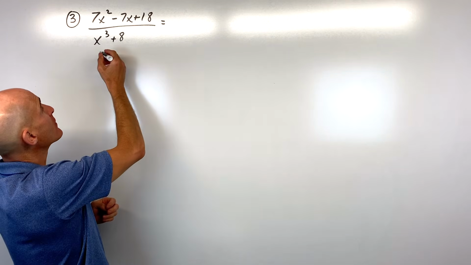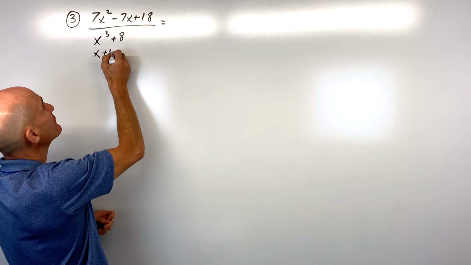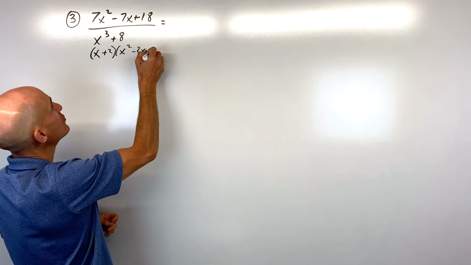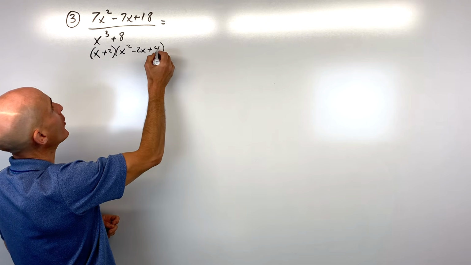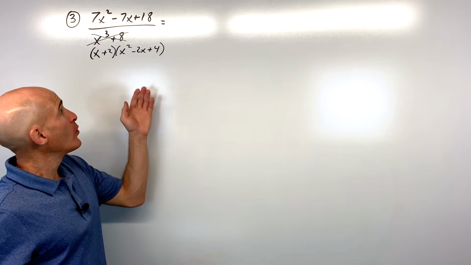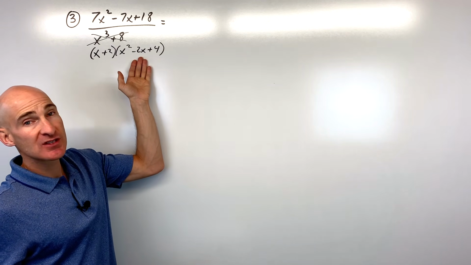So you want to review your factoring of the sum of 2 cubes if you haven't memorized that already. This is going to factor to x plus 2, x squared minus 2x plus 2 squared, which is 4. So I'm just going to cross that out. This is equal to this denominator here. We can't factor this trinomial any further, so that's as far as we can go with this factorization.